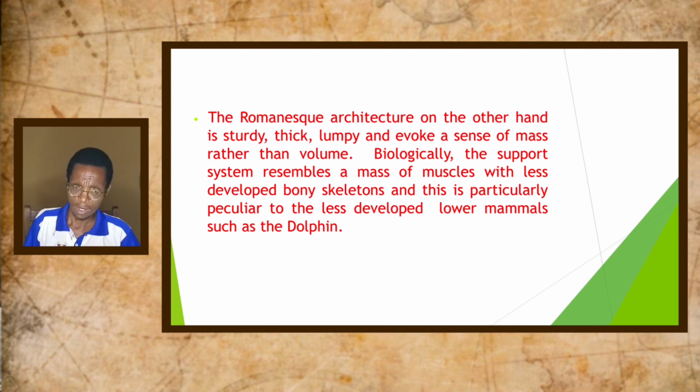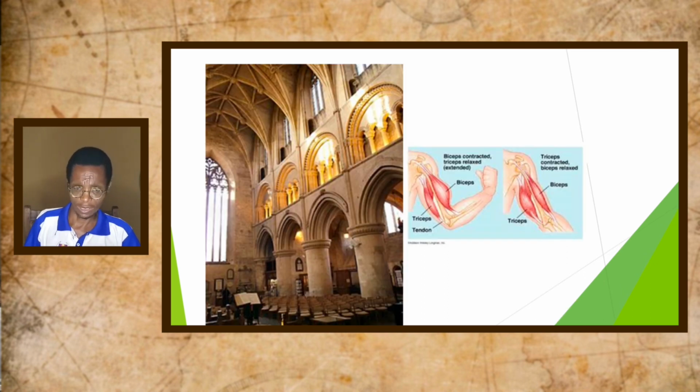And this in a way can be likened to lower animals, such as lower mammals, such as the dolphins. You can see the muscles, the muscular body system of the Romanesque is very close to that of the amphibian mammals, the dolphin. But this study goes further to be seen in another perspective. This is an example of Gothic architecture.